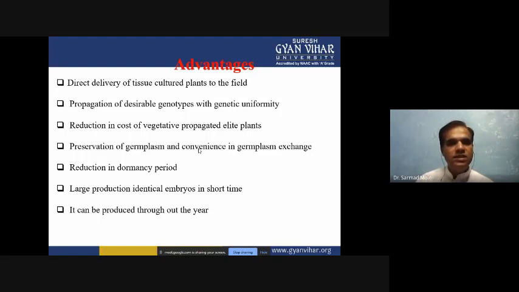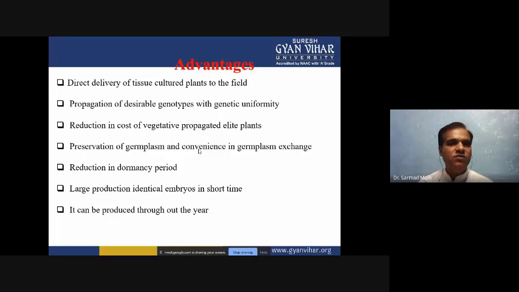When we have these encapsulated somatic embryos, we can put them directly on the media. We put these somatic embryos on artificially synthesized media in in vitro conditions so that they can generate plantlets, and after hardening we can directly transfer them into the field. So a large number of plants will be very easy to produce from these synthetic seeds.